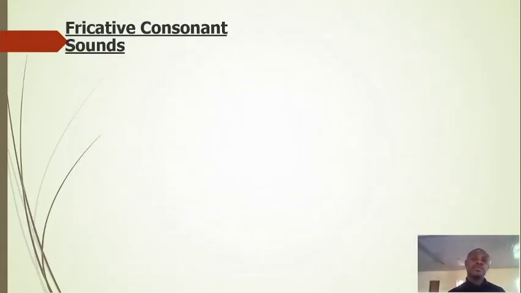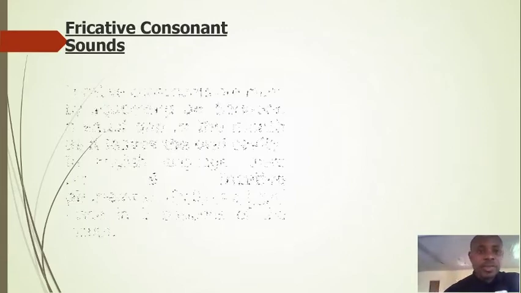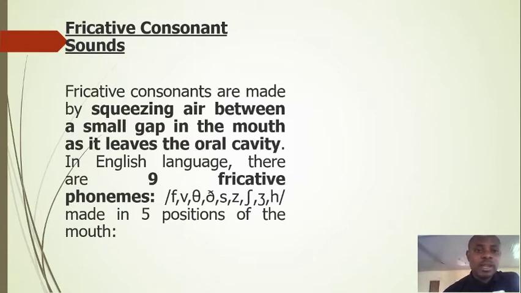Alright, these are the fricatives and affricates, symbols and sounds, as you could see from that video. Now let's look at them one after the other. The fricatives, as earlier said, are made by squeezing air through a small gap in the mouth as it leaves the oral cavity. Meaning there is a partial obstruction, a partial outflow of air from the oral cavity.